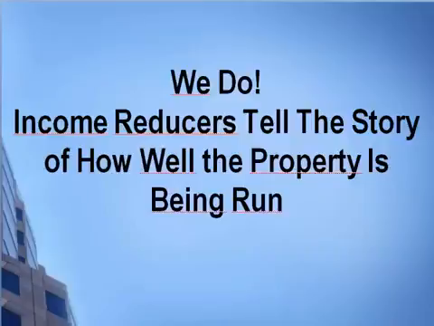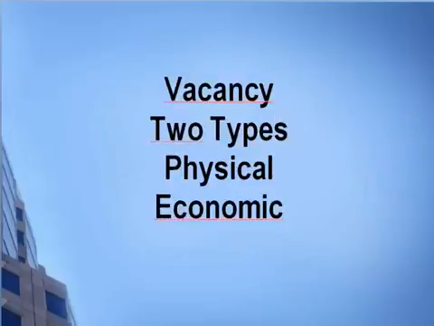And here's how we break down the numbers. Let's focus for a moment on that $200,000. Where is that missing money? Well, obviously the first place that money disappears is in the form of vacancy.